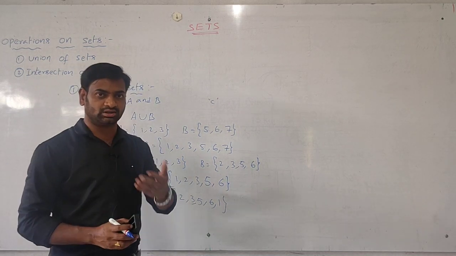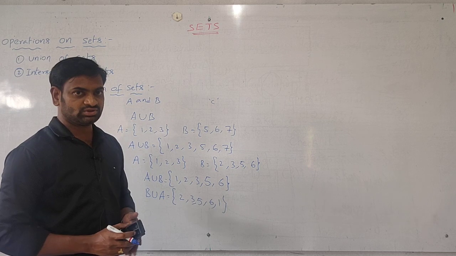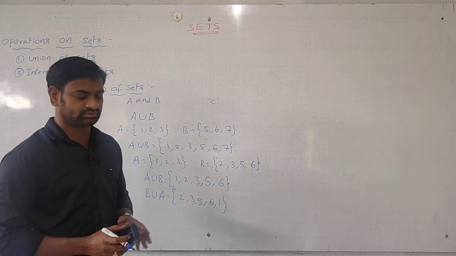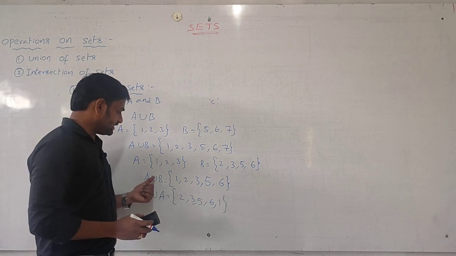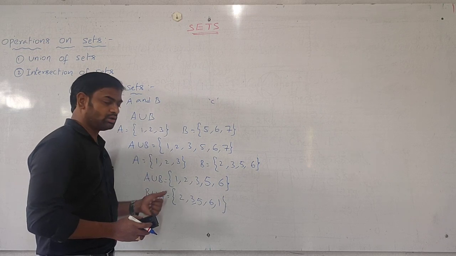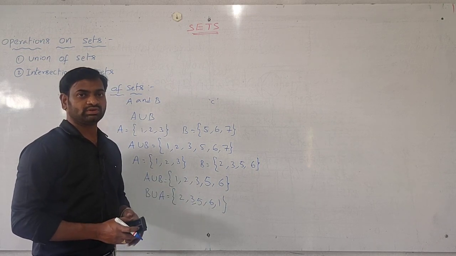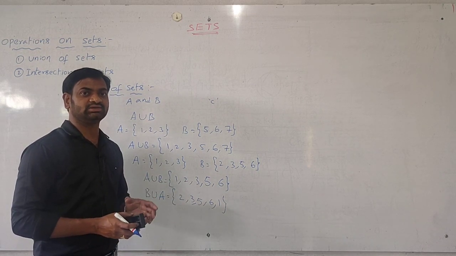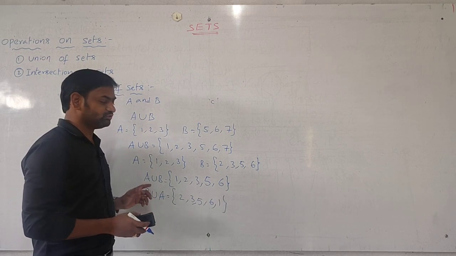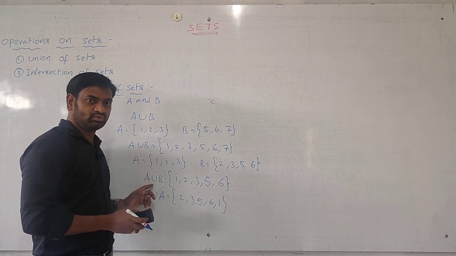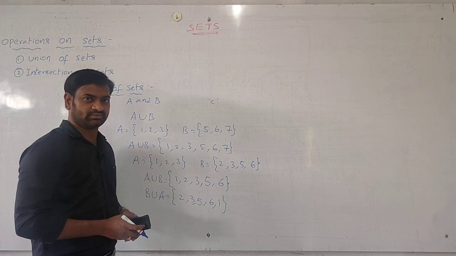It may be any order, so order is not important. So A union B and B union A both have exactly the same elements. So we can say A union B equals B union A.